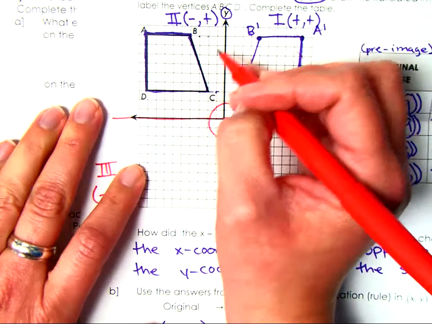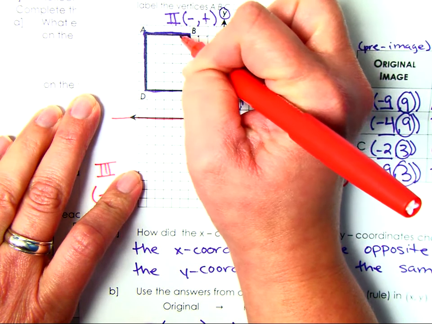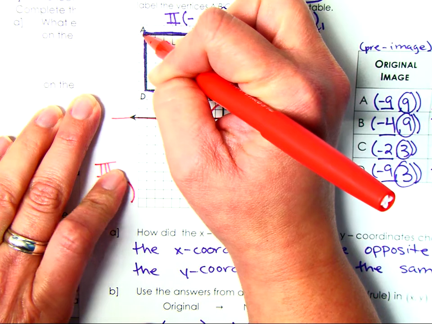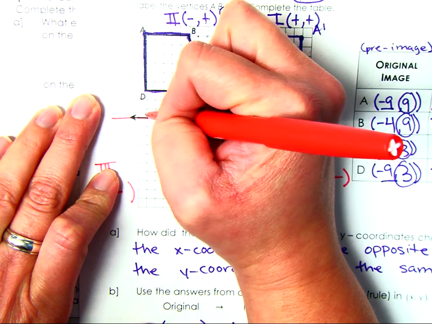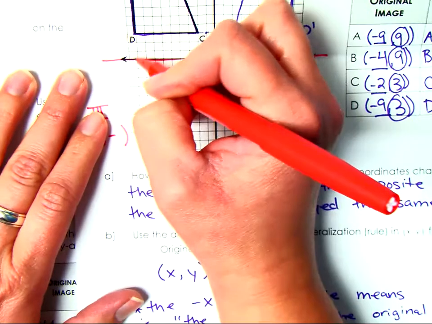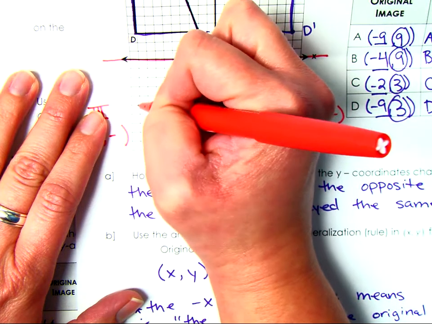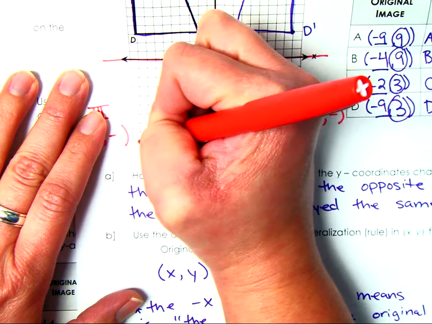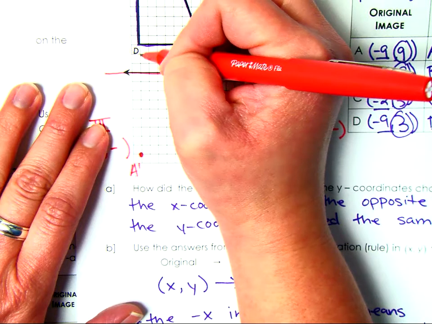So if I were to be the same distance from the left, 1, 2, 3, 4, 5, 6, 7, 8, 9. So that's what we're going to do. We're going to go from here to here is 9 steps. So 1, 2, 3, 4, 5, 6, 7, 8, 9. So that's A prime.